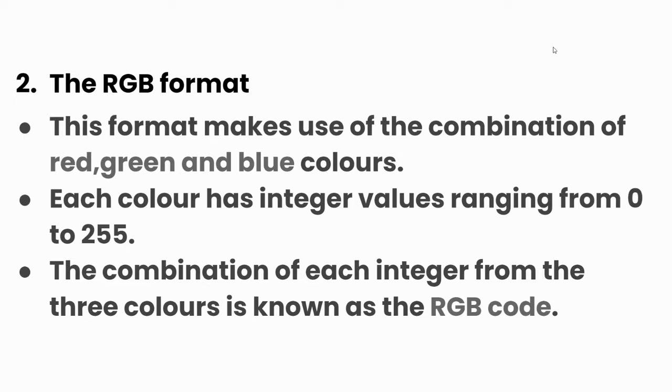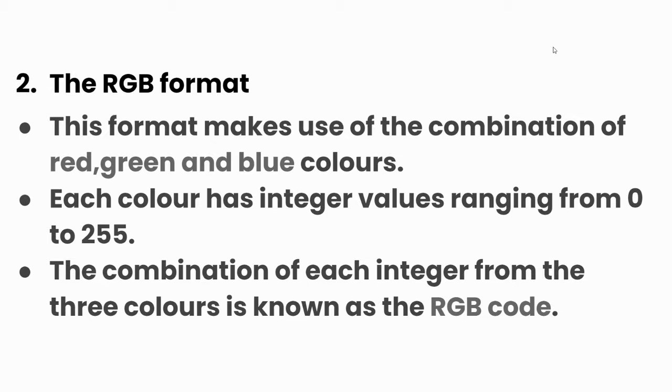Now, each of these colors has integer values ranging from 0 to 255. So the red has integer values from 0 to 255, the green has its own values like that, and also the blue. So the big question is, how does the combination work?